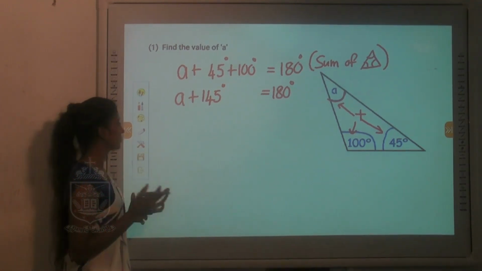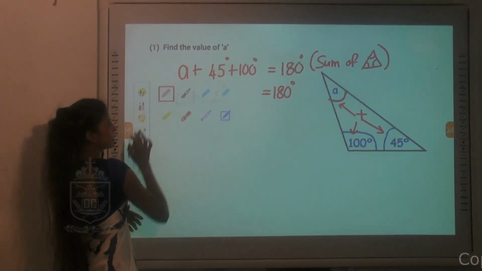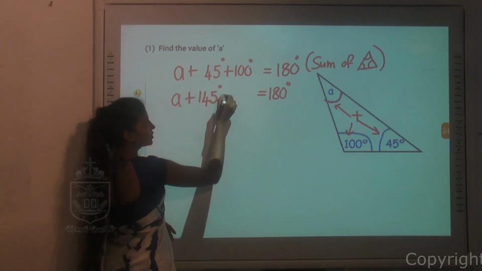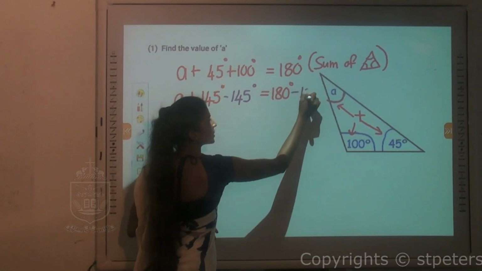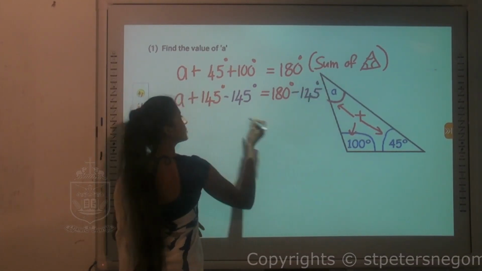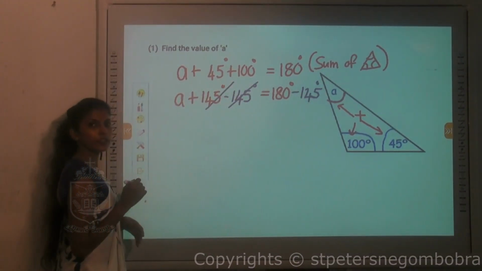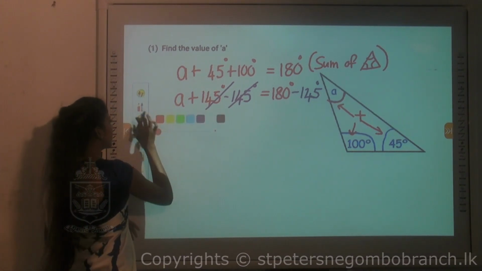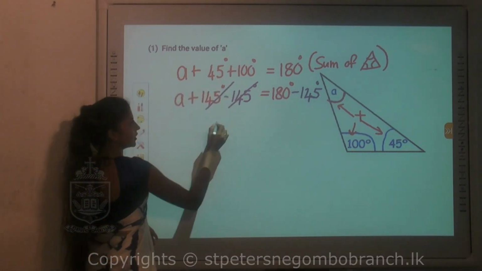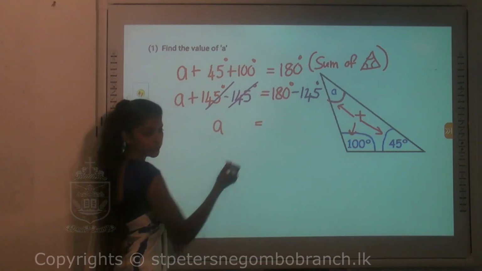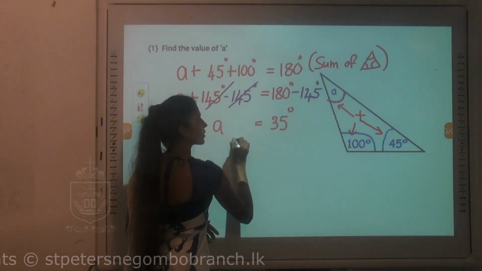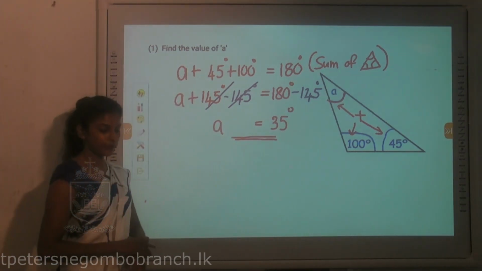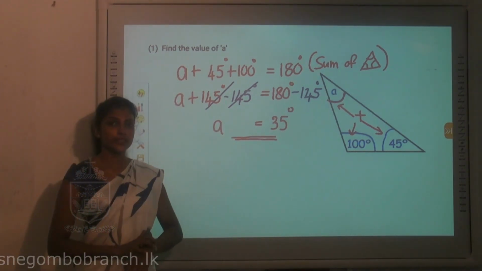You know that this is addition, so you can subtract 145 from both sides. Like this, this will cancel off. So what will be the answer? A equals 35 degrees. So that is the first example.